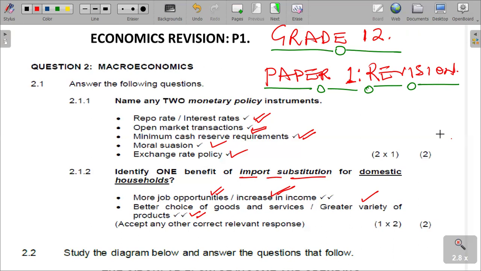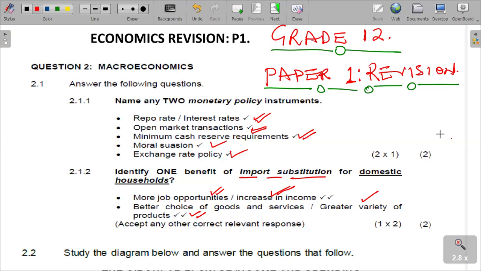Let's say, for example, a bank has 20,000 as the total money that it has, but the Reserve Bank, in order to reduce the availability of money, might say that each commercial bank must have minimum cash requirements of say 10,000. So from the 20,000 that the commercial bank has, only 10,000 is available for its customers. The other 10,000 must be readily available in the account of the commercial bank, so it can be increased or decreased with effect to how the economy is performing.